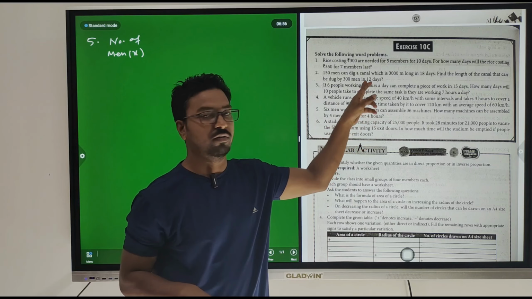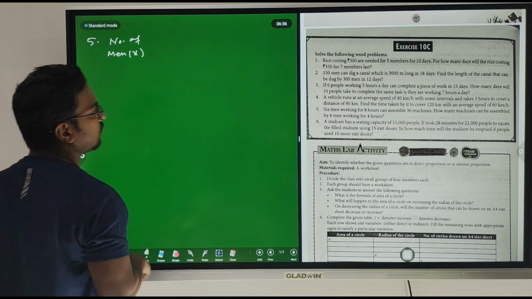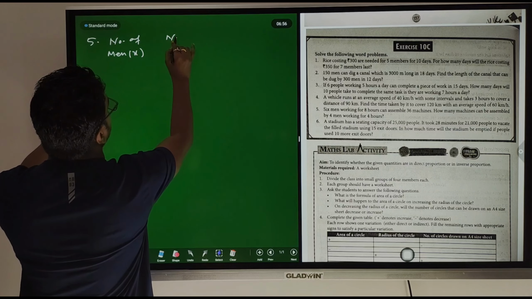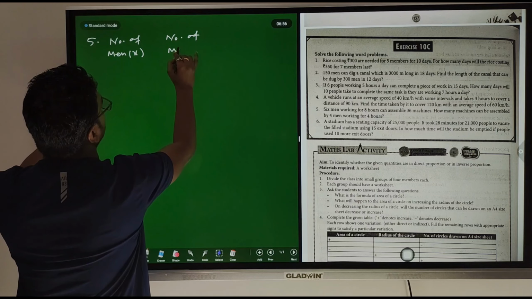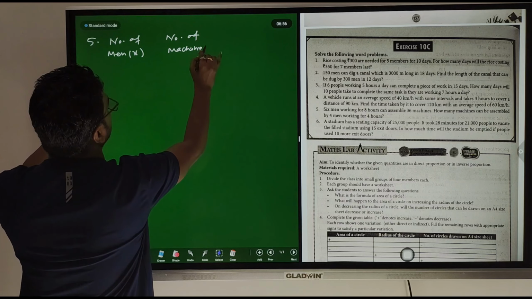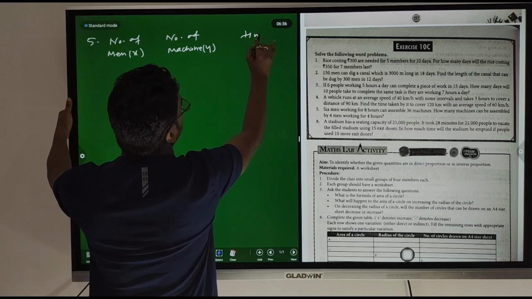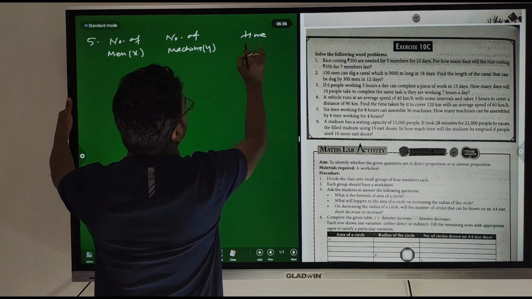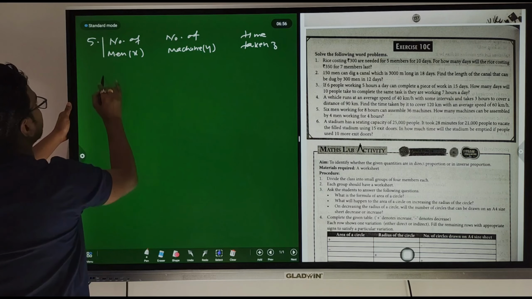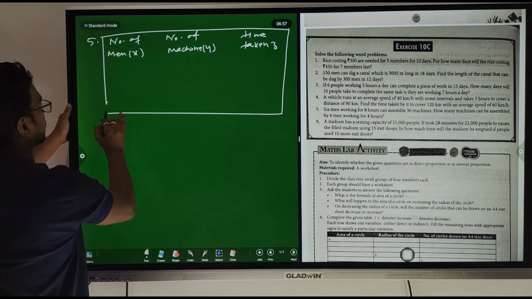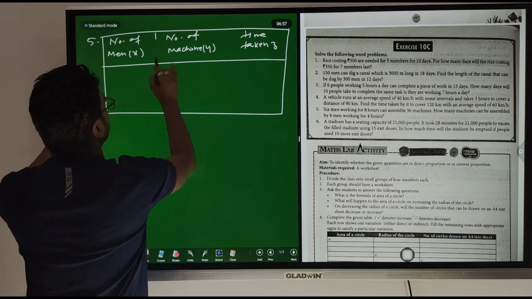Less men, more hours, right? So directly proportional, number of machines, this is y, and time taken is z.